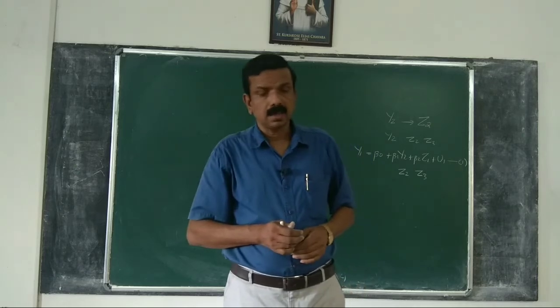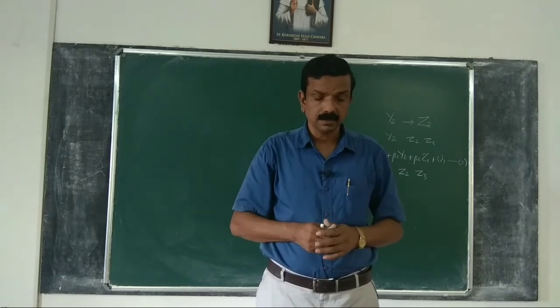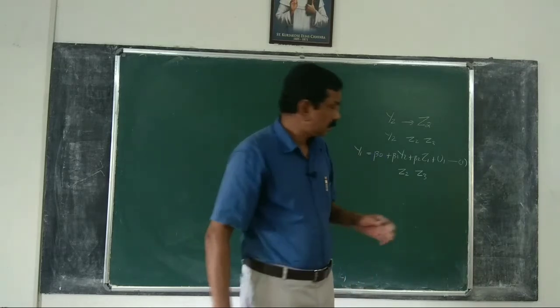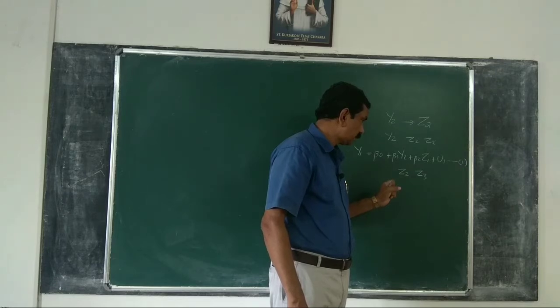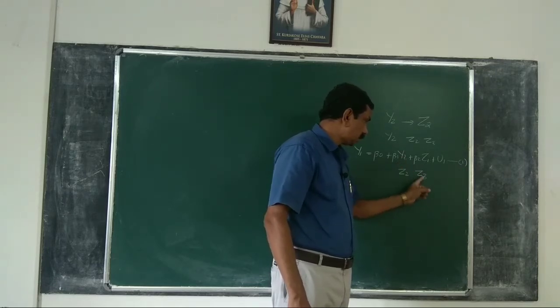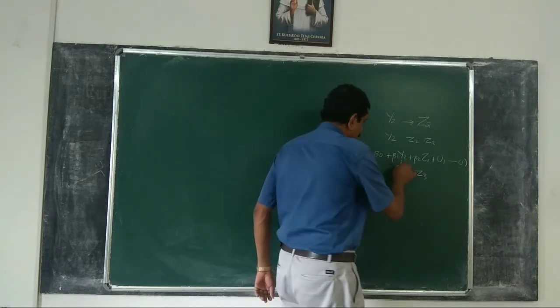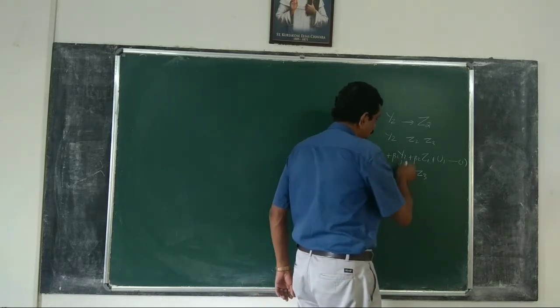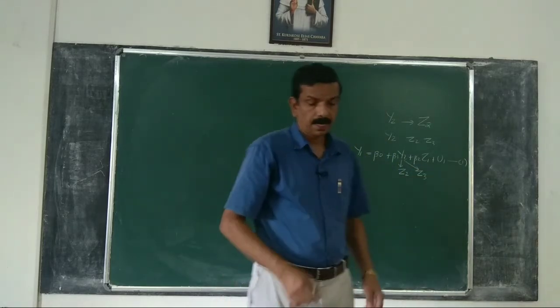Now, if z2 and z3 are both correlated with y2, then we could use z2 alone as IV for y2, or z3 alone as IV for y2.